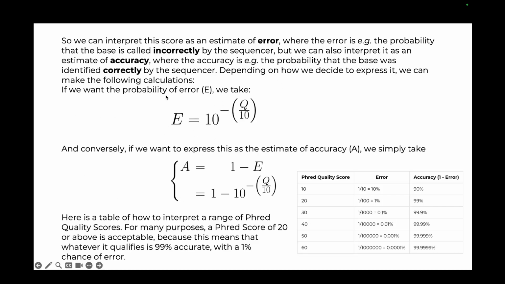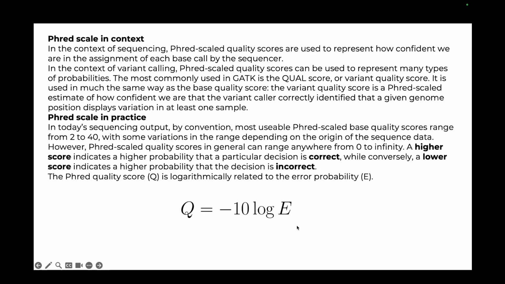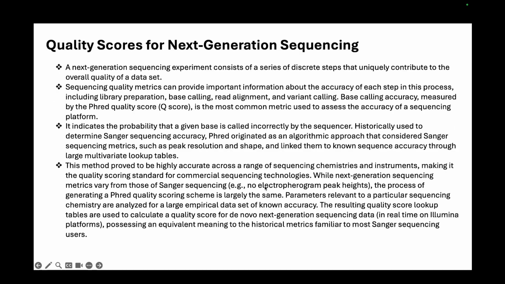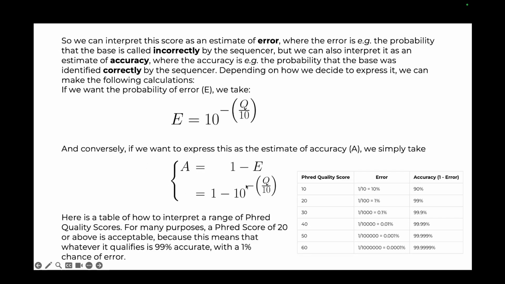So what you do is basically take the 10 here and take an anti-log here. So this is what will give you the value of E. It's simple. This is basically the probability of error. Now, if you want to check the probability of accuracy, just do a 1 minus E because this is a probability value. The total probability is 1. So 1 minus error will be your accuracy.